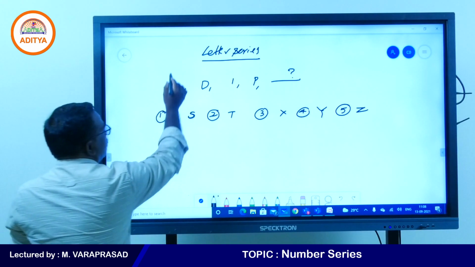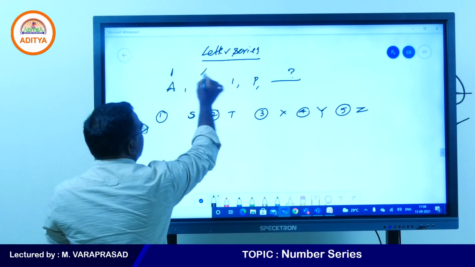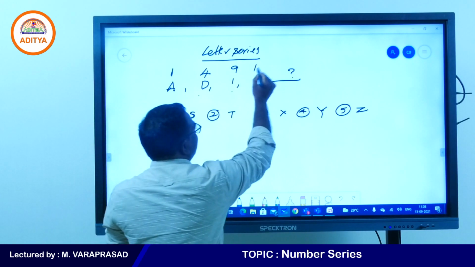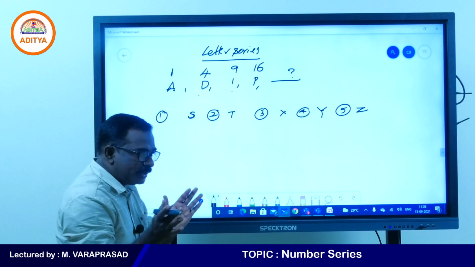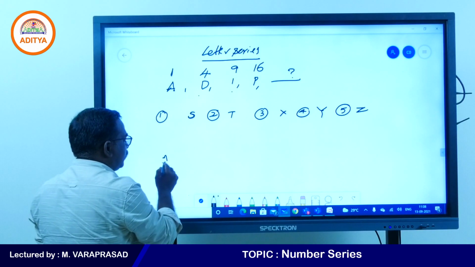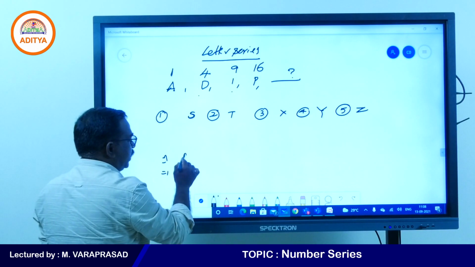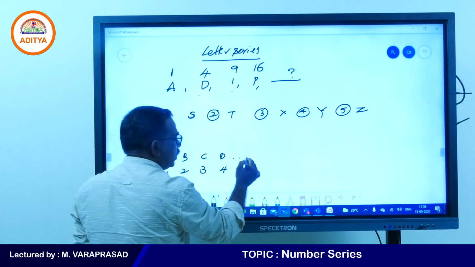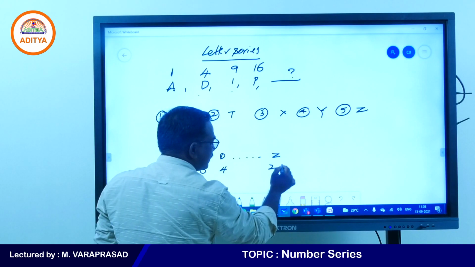So A means the letter 1, this is the 4th letter, this is the 9th letter, and this is the 16th letter. In the alphabet, if you write A equal to 1, B equal to 2, C equal to 3, D equal to 4, and so on up to Z equal to 26.